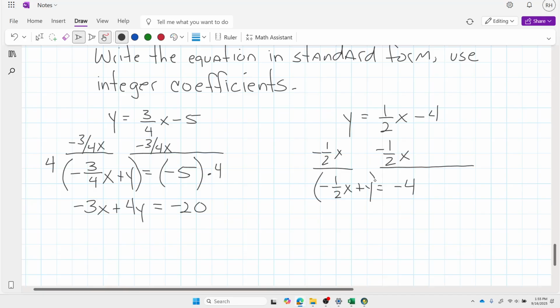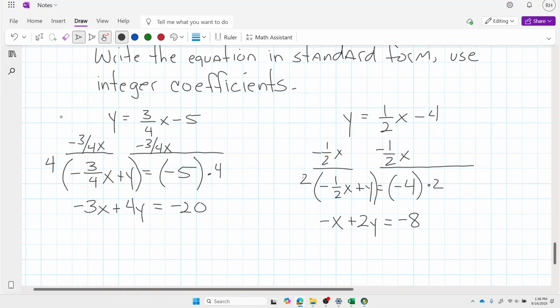Multiply both sides of the equation by 2. So these 2's in this first part of the distributive property cancel. So 2 times negative 1/2 x is negative x plus 2y equals negative 8. Everybody okay with that?